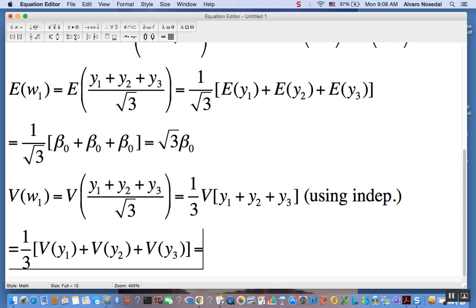The variance of y1 is going to be sigma square, because that's the variance of beta 0 plus epsilon 1. So we have 3 times sigma square divided by 3. That's in the end just sigma square. Okay, makes sense?